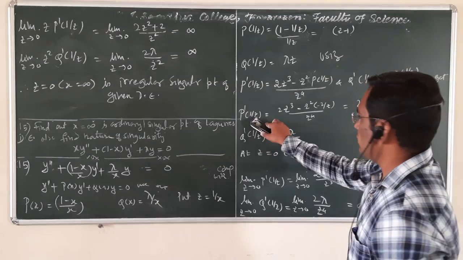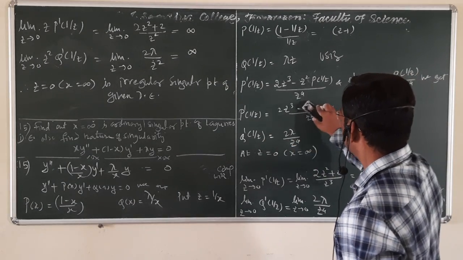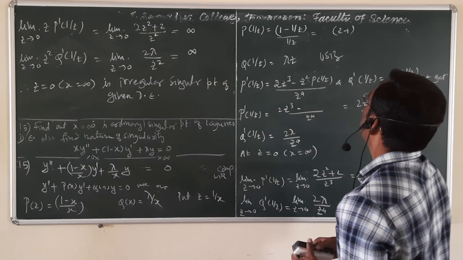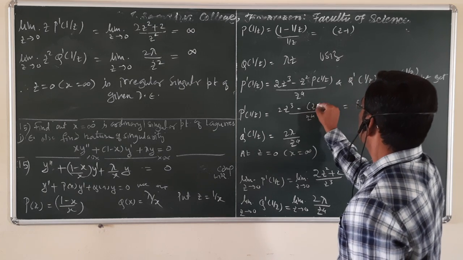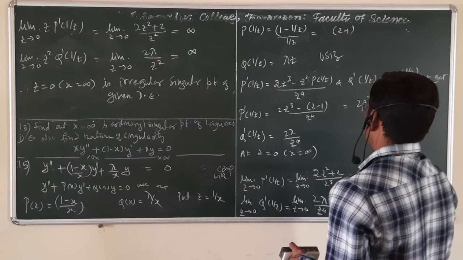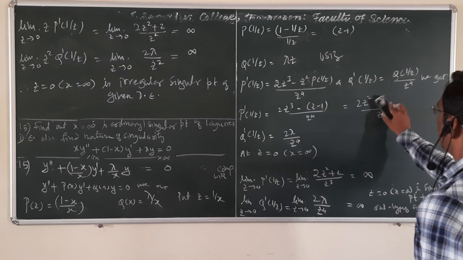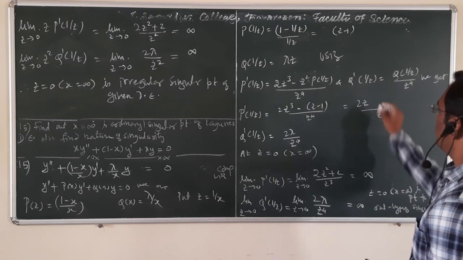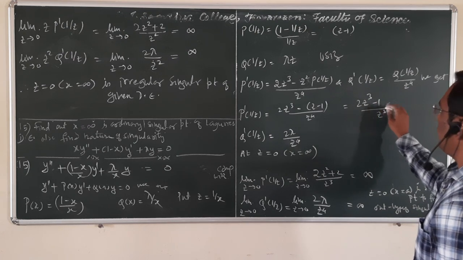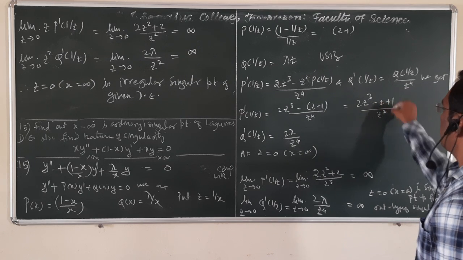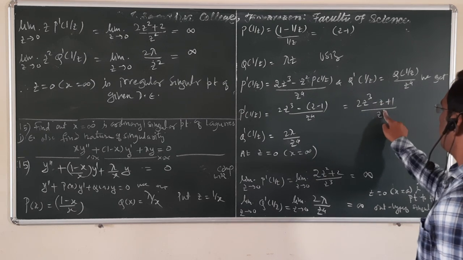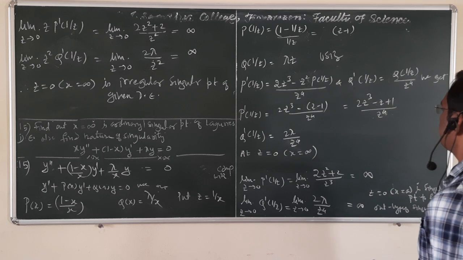first of all P dash. So P dash is (2Z cube minus Z minus 1) divided by Z raised to 4. So that is equal to (2Z cube minus Z plus 1) divided by Z raised to 4.